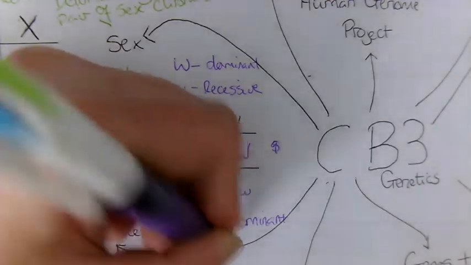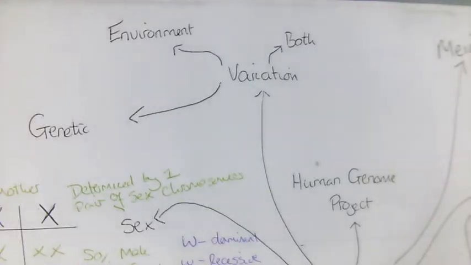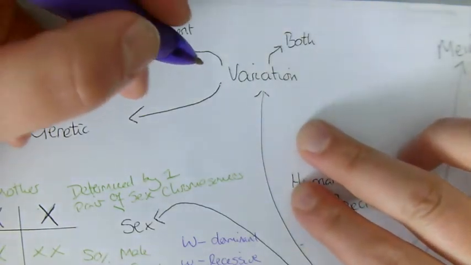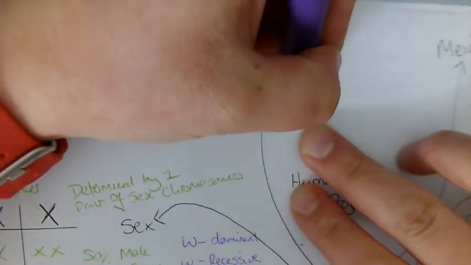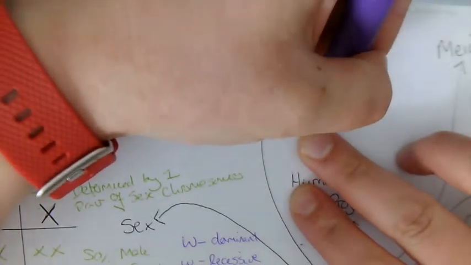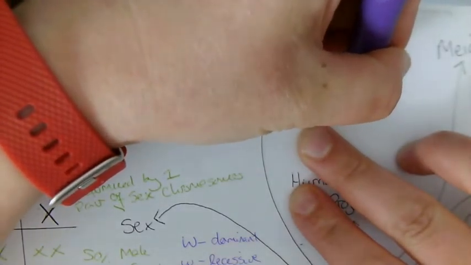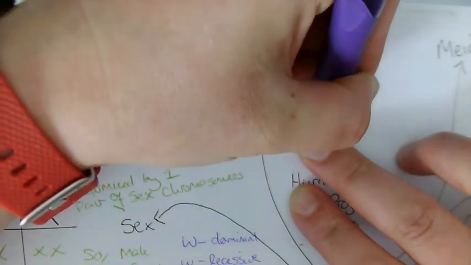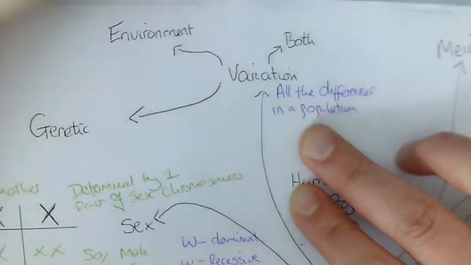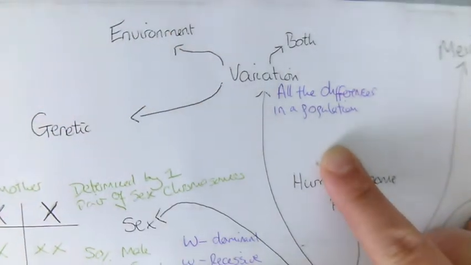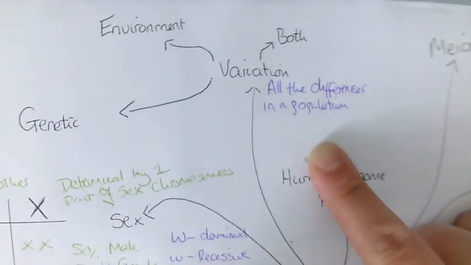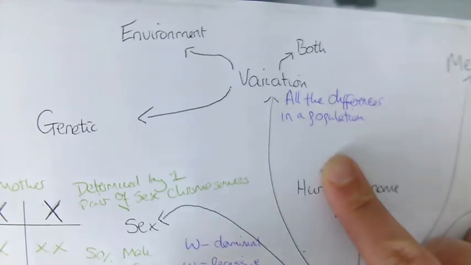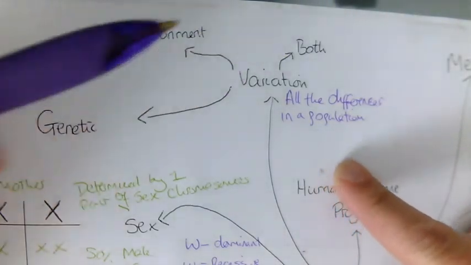So the next part to talk about is variation amongst people. Variation is all the differences in a population. That can be caused by either environmental factors or genetics or both.